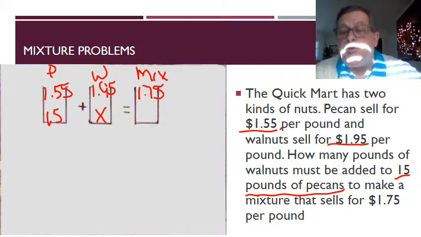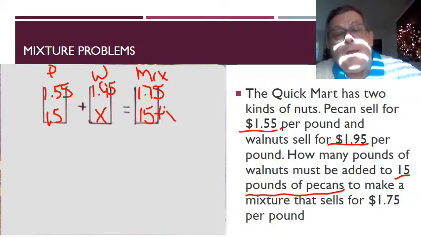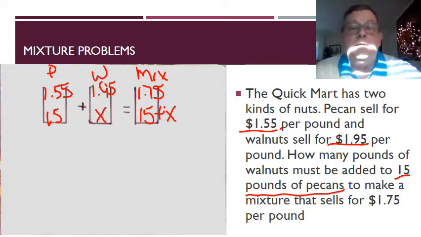In my mixture, I don't have a total number of pounds. All I'm asked to do is find out what it's going to take to be able to sell it for $1.75 a pound. And so my number of pounds in my mixture is going to be 15 plus whatever pounds of walnuts I need to get to this $1.75 cost.